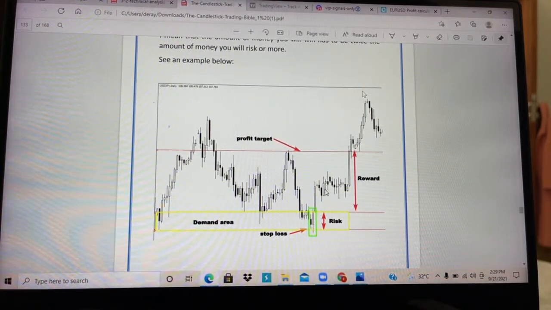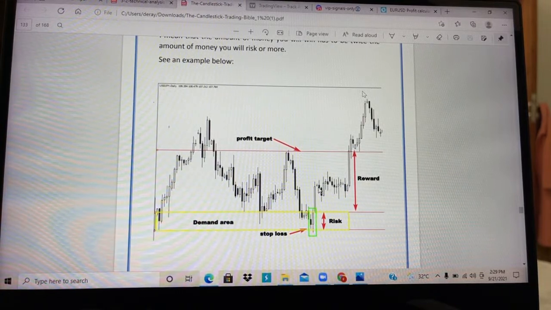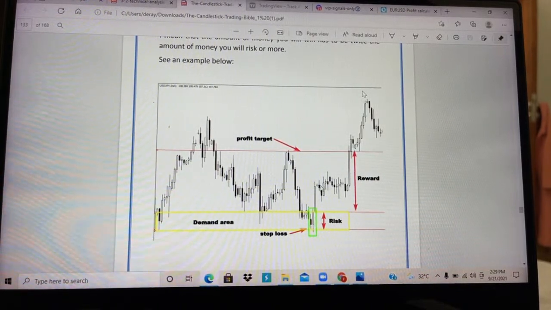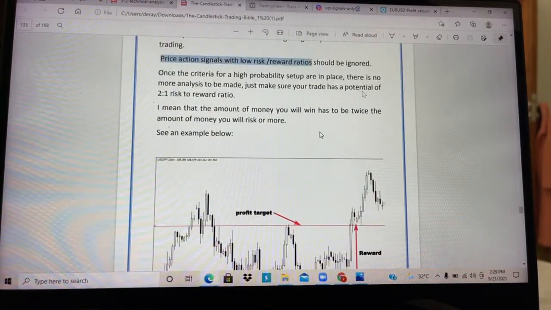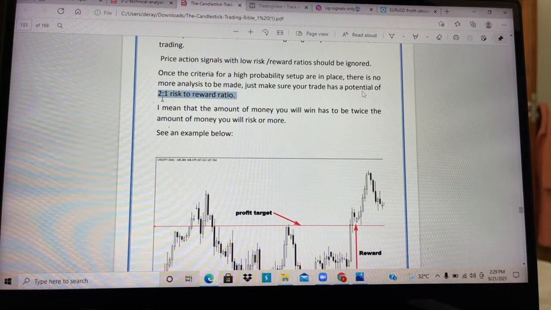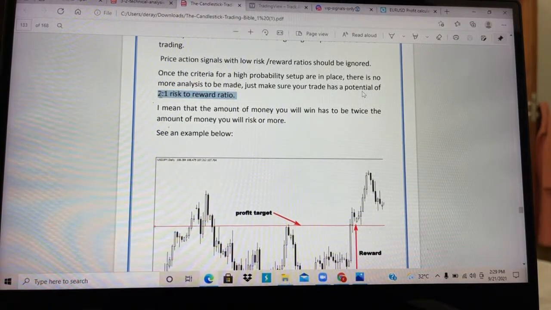Because, as you said, it's like a forecast, and sometimes the forecast can go bad. So whenever we're trading, it is advisable to use a risk to reward ratio, where we're risking $1 to make $2.